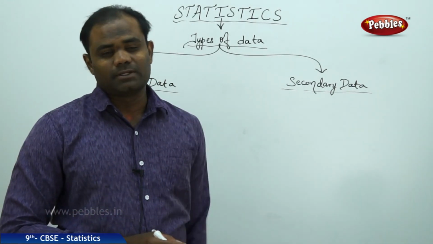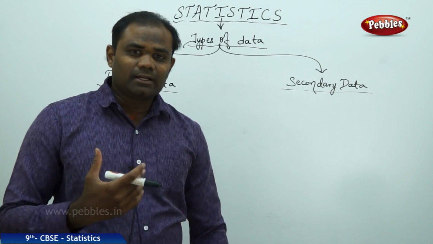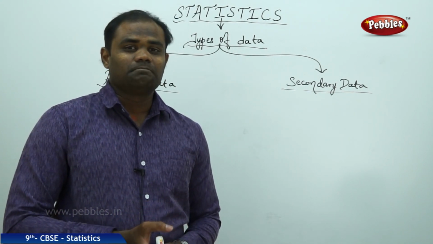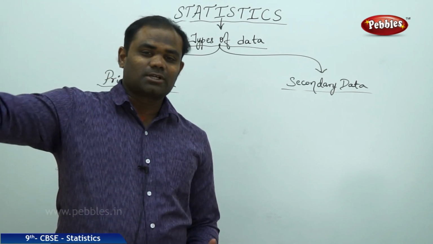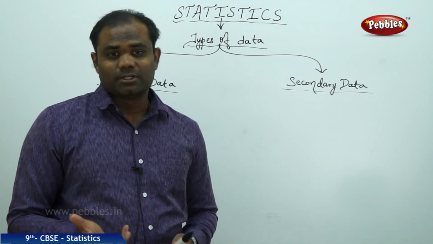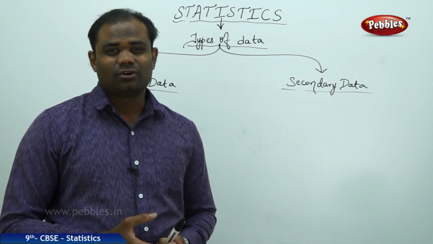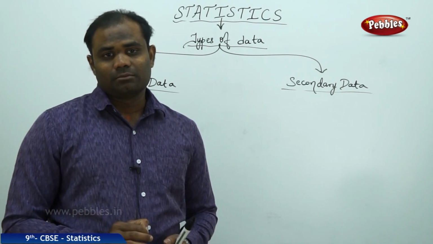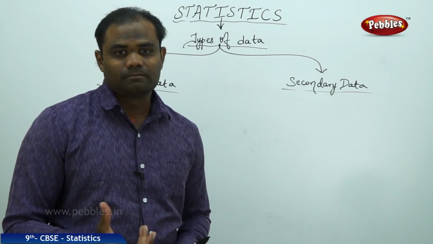It's very easy to understand. If I directly involve in collecting the data, then that's called primary data. If I pick the data from some other external resources like the internet or web search or various other media or from published books, we say that data is secondary because you're not directly involved.